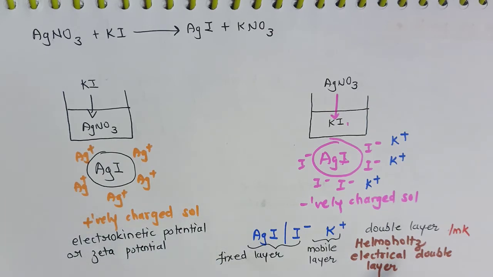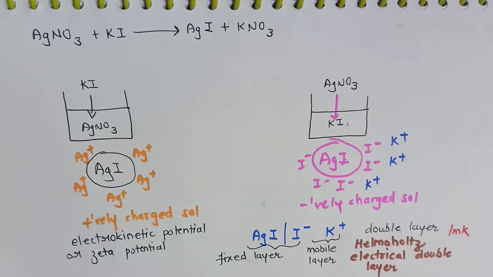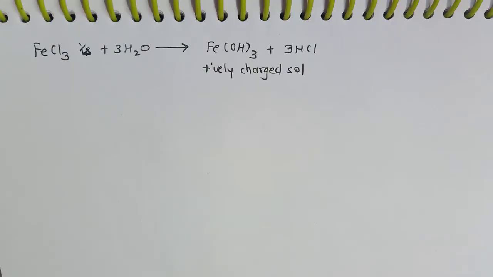The definitions of the Helmholtz double layer and electrokinetic potential are important. So what is the main thing? The precipitate will preferentially adsorb a common ion from the solution, resulting in either a positively charged sol or a negatively charged sol. Let us discuss one more example.